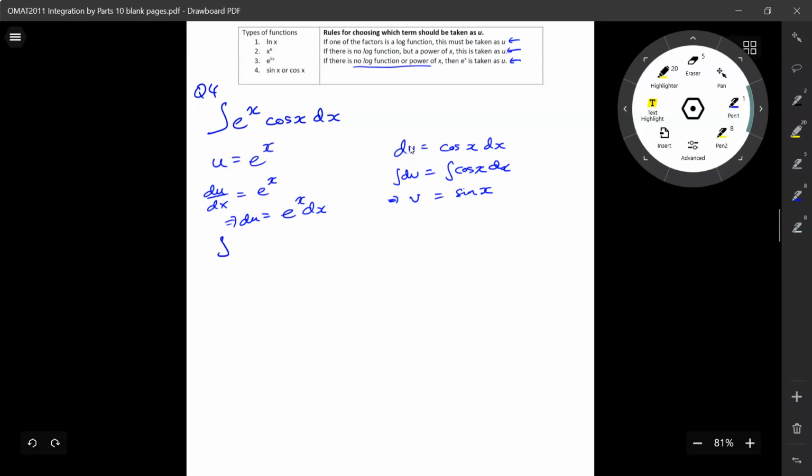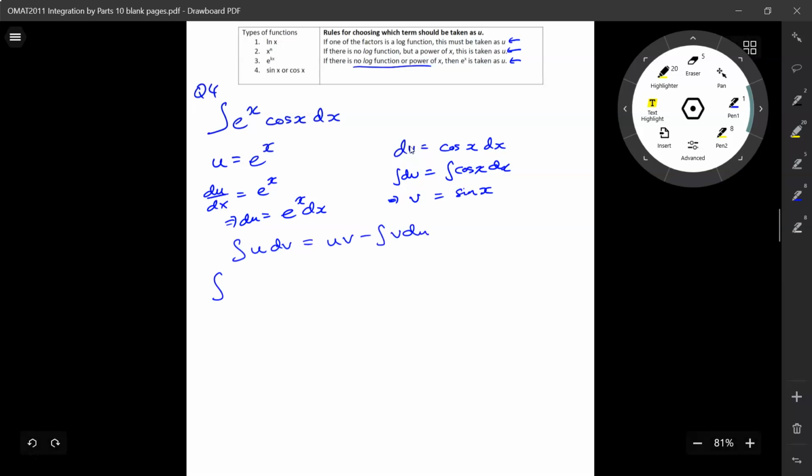So now we have our formula. I'm going to rewrite it to differentiate correctly between u and v: the integral of u dv is equal to u times v minus the integral of v du.